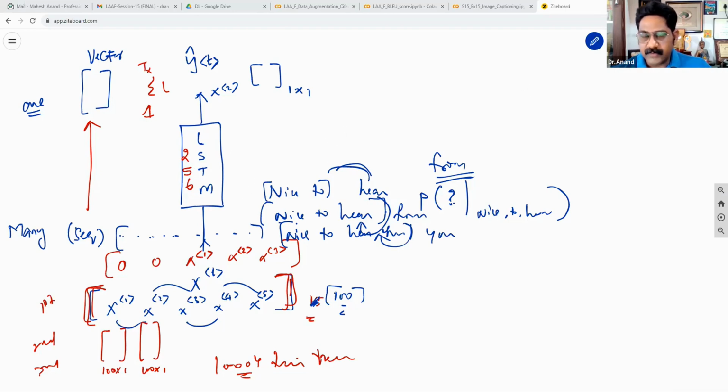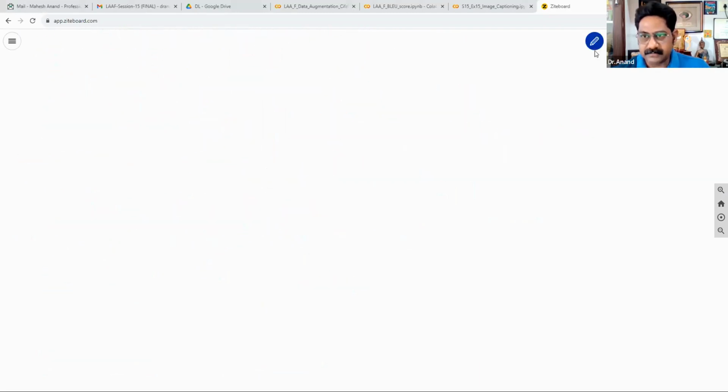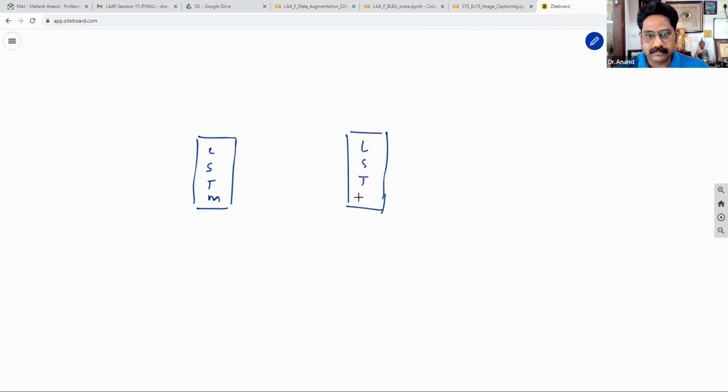In the next design, what we have seen, we have used 2 different LSTMs. Both are individually going to act as a language model. This is also one LSTM. They are individually trained.